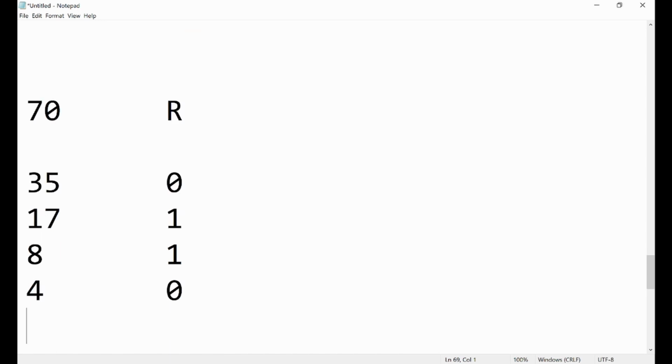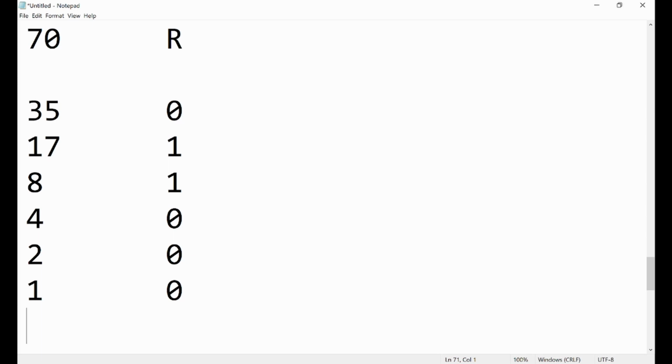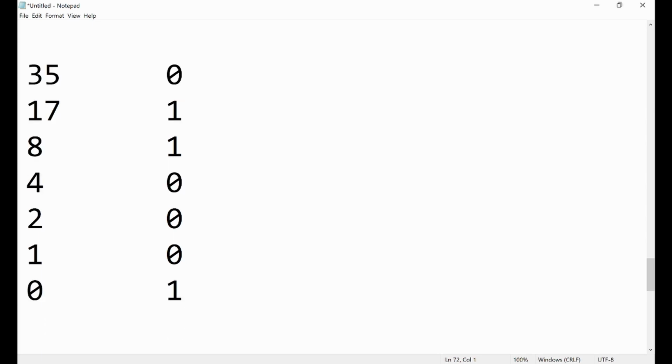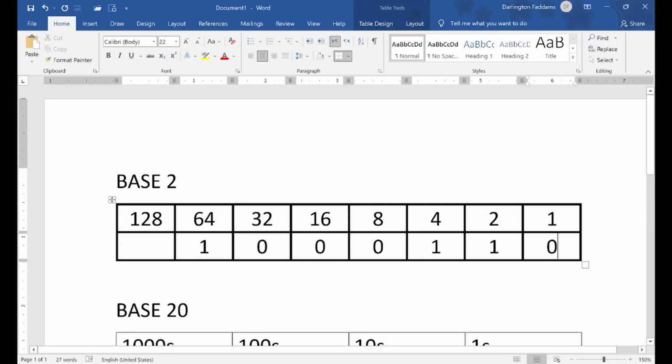How many times will 2 go into 4? 2, remainder. How many times will 2 go into 2? 1, remainder. How many times will 2 go into 1? Remainder. So 70 in binary is written as 1000110. Is that it? Let's check what Millicent got from here. 1000110. Is it the same?